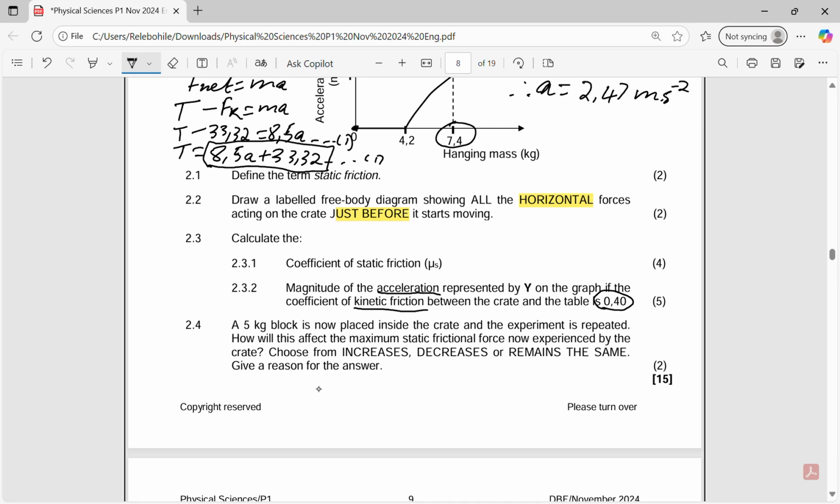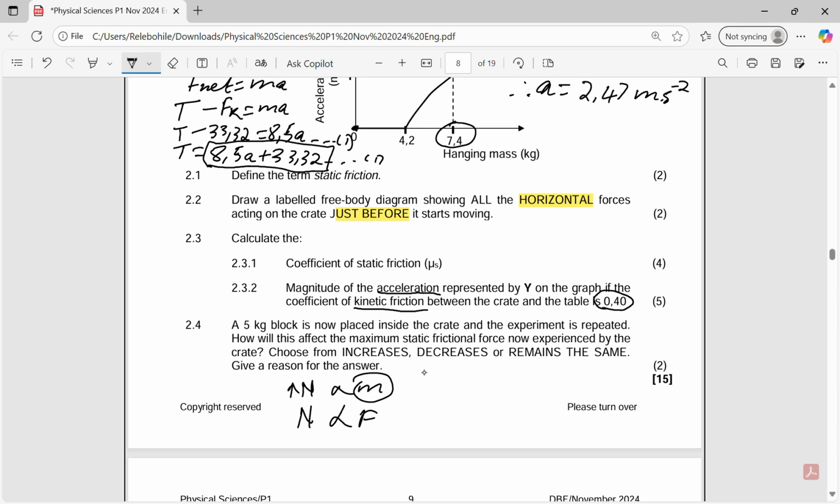So guys, when you answer this question, you will look at the relationship between normal force and mass. That relationship is directly proportional, because the more mass I have, the more my normal force will be. And then we also look at the relationship between normal force and friction, and it's also directly proportional.